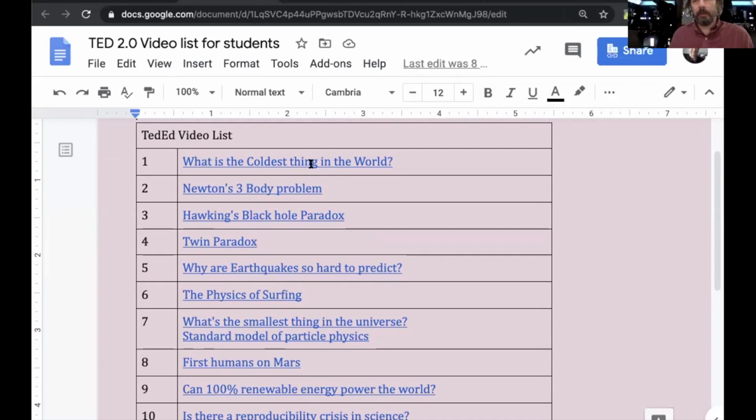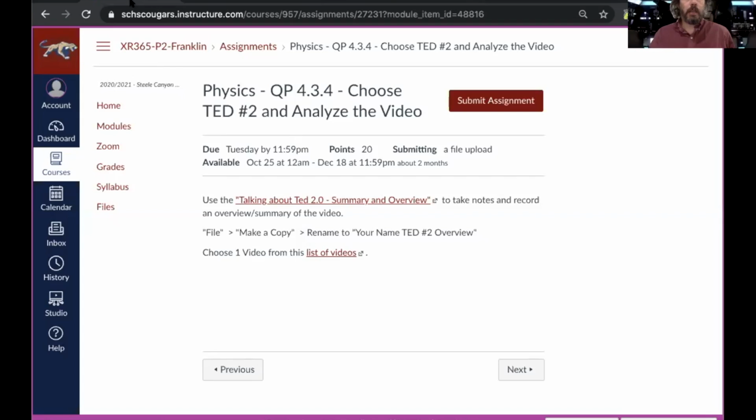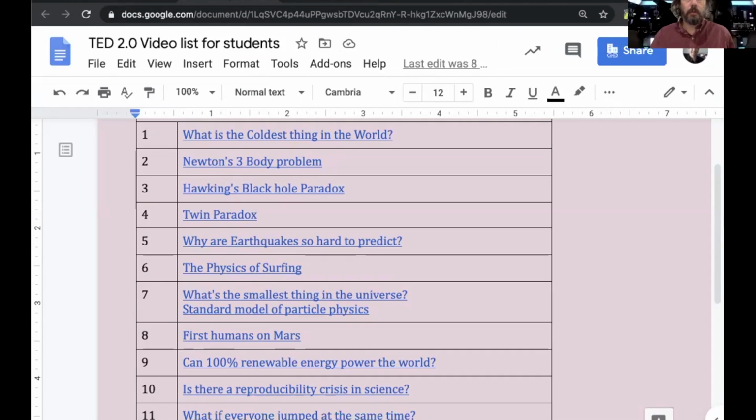We're going to be talking about those later this week. So each one of these is something related to what we're going to be talking about. The twin paradox is all about systems and frames of reference. All of these things are going to be rooted in things we're going to talk about. Most of it we already have. There's a couple things that will come up in the coming weeks. So pick one of those and answer those questions.